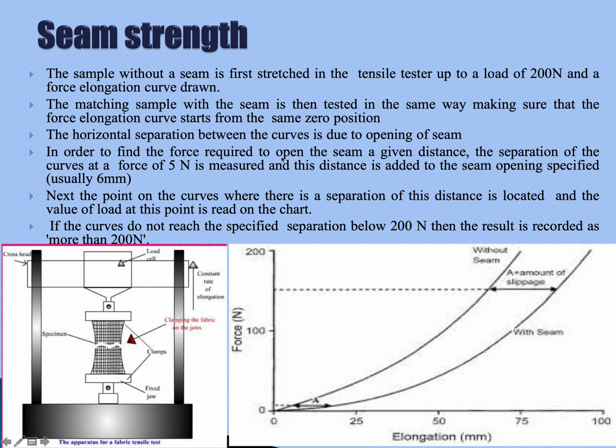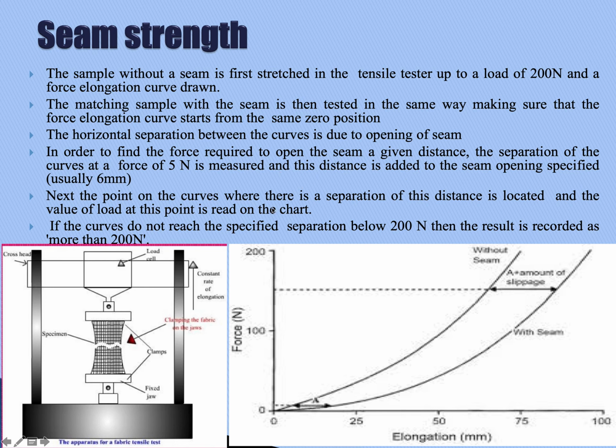To find the force required to open the seam at a given distance, the separation of the curves at a force of 5 newtons is measured and this distance is added to the specified seam opening. This seam opening is specified in the standard, which is 6 mm. So 6 mm plus this distance is added to it.